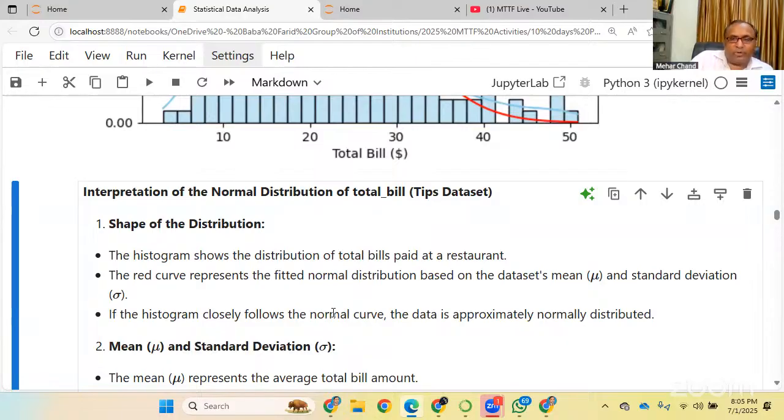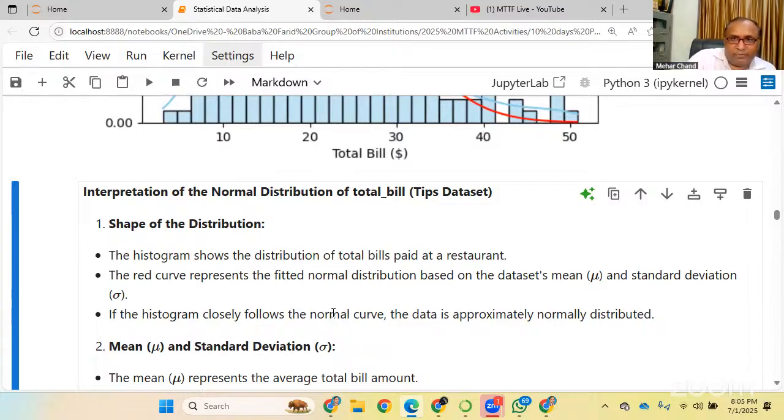Okay, here we are not assigning the value, but it is computed from the data set, and the standard deviation also. And if the histogram closely follows the normal curve, see, this line is very important.